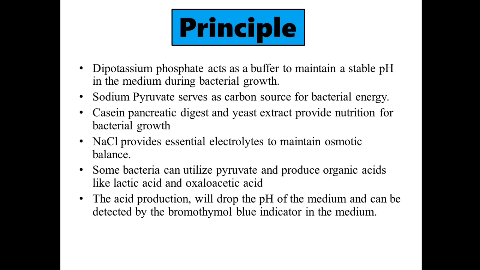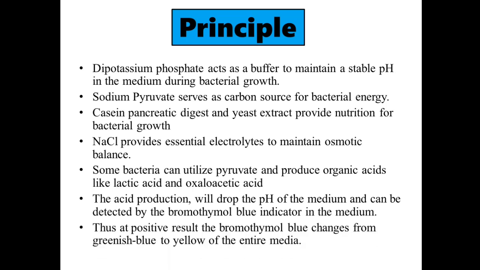The drop in pH is detected by the bromothymol blue indicator in the medium. The media color, which is greenish blue, is converted to yellow, meaning the entire media turns yellow. This indicates a positive result, and that the bacteria are utilizing the pyruvate and producing acid.